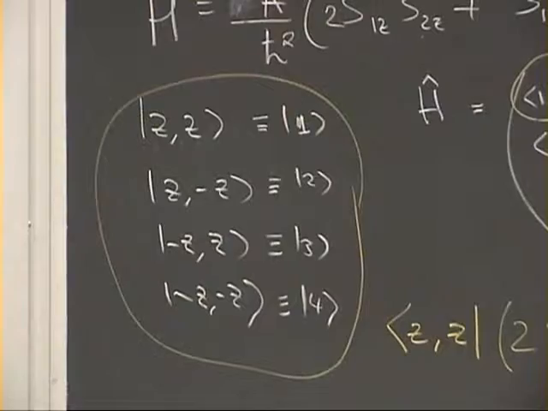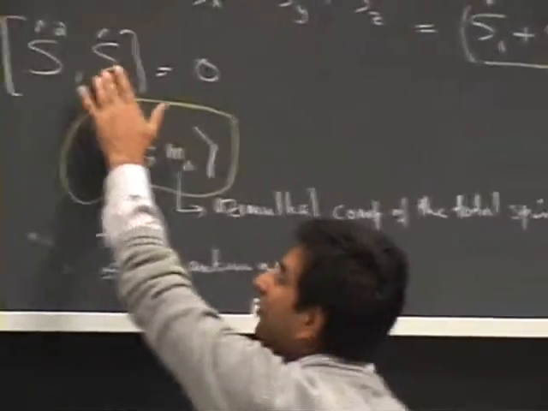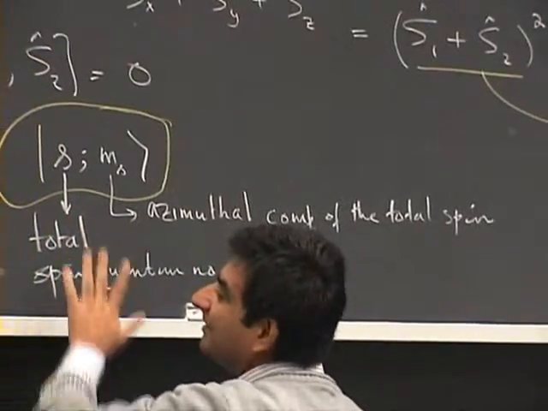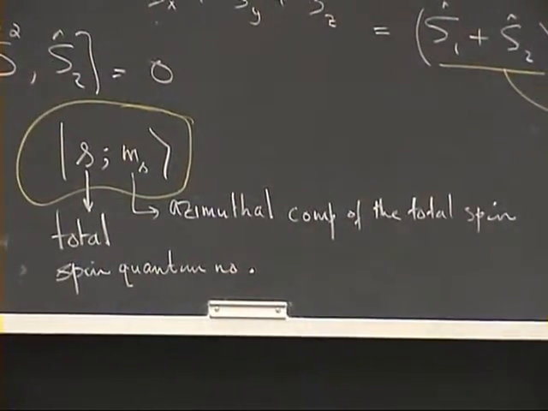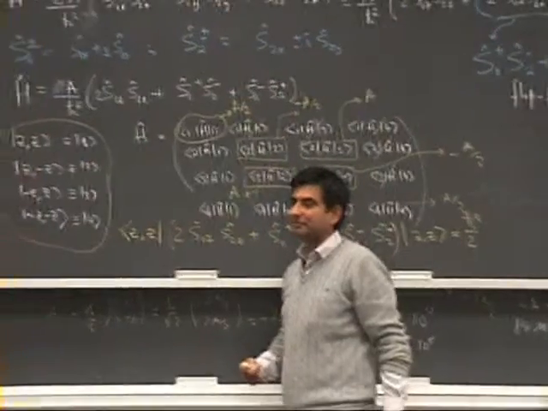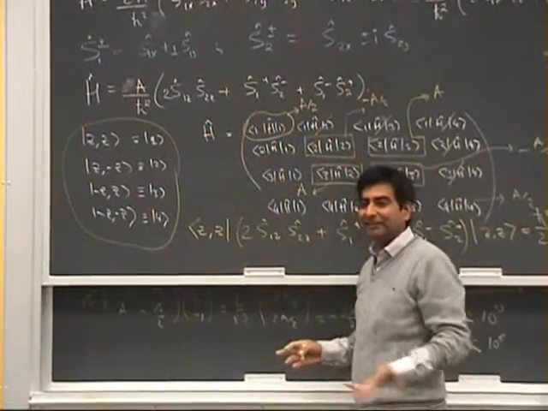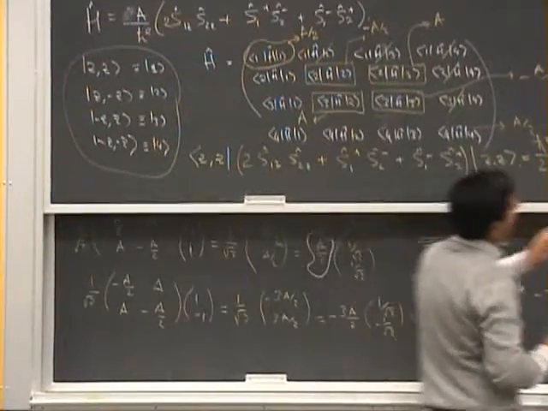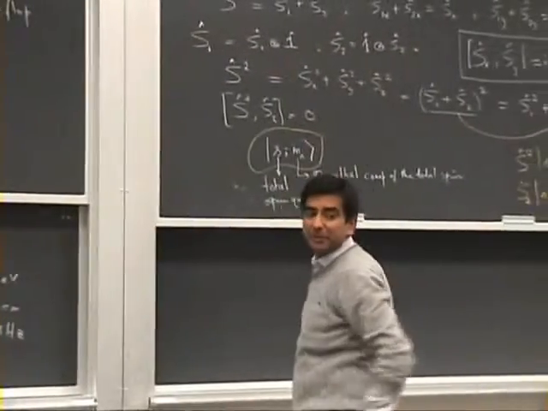I should be able to represent these eigenstates of the total spin quantum numbers in this basis, or in any basis. I can choose this basis as my starting point. Okay, is all of this clear? So how do I express these states as superposition of the basis states which span the Hilbert space?